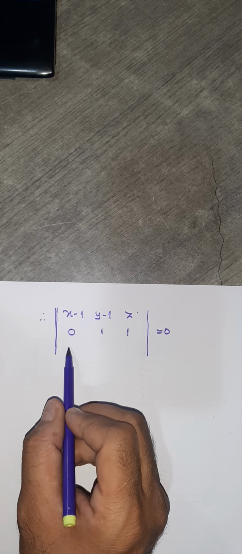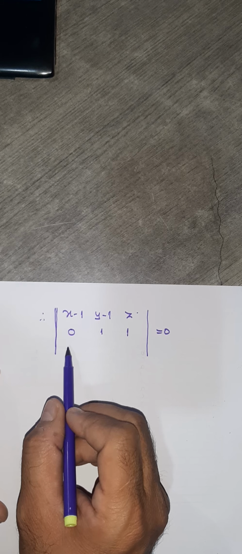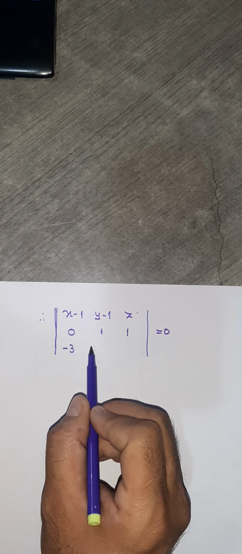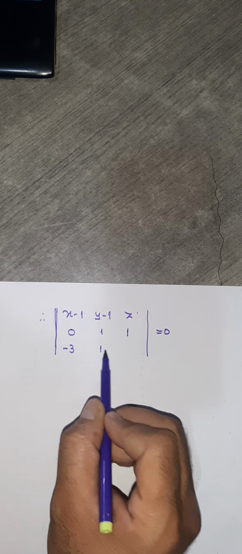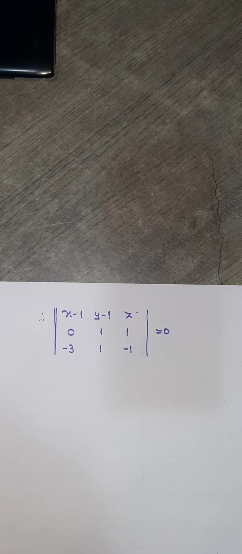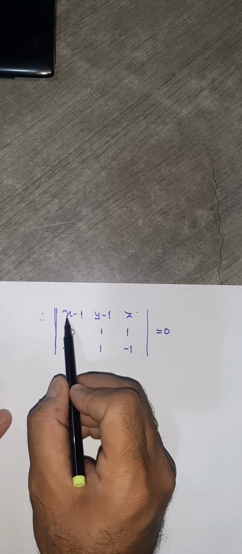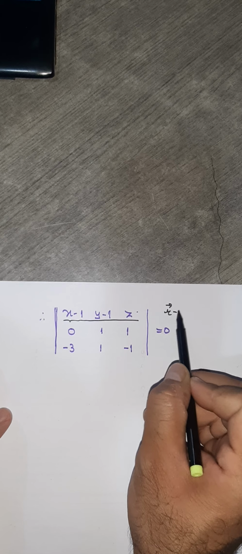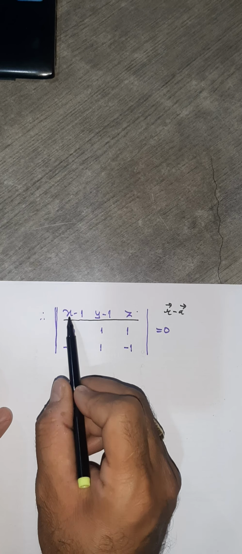And what about the last row? That is c minus a. Minus 3, this is 1, and this is minus 1. I repeat, what is this? This is nothing but the vector r minus a. R means x, y, z.